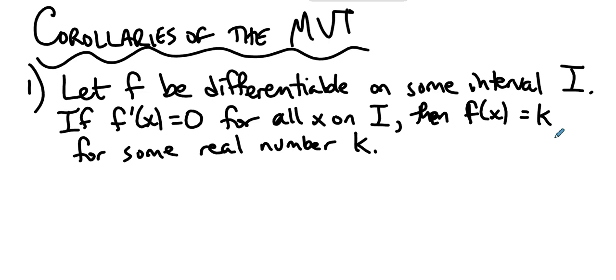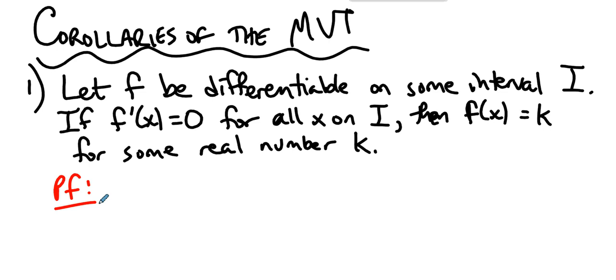No, you knew that if you were a horizontal line, then your derivative was 0. This logic goes the other way. This logic says if the derivative is 0, the only way that can happen is for the function to be a constant function. So we will prove this because we can.